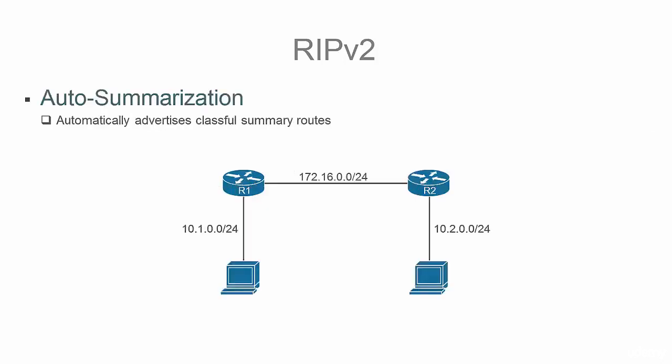One key feature to understand with RIP version 2 is auto-summarization. In certain scenarios, RIP will actually automatically advertise classful summary routes for classful networks.